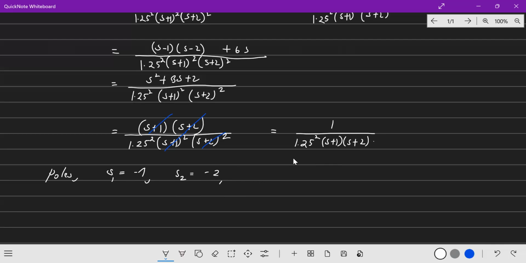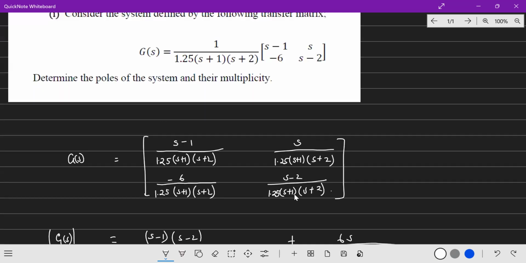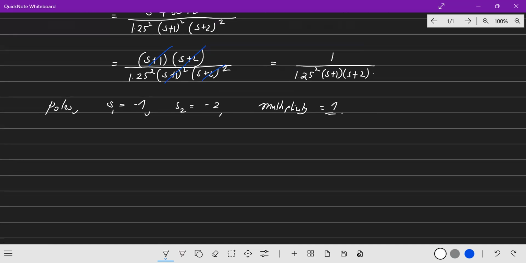There's no repetition, no repeated roots, because repeated roots give you multiplicity. Each one of them occurs just once, equal to 1. That's the end of this question. Very short, isn't it?